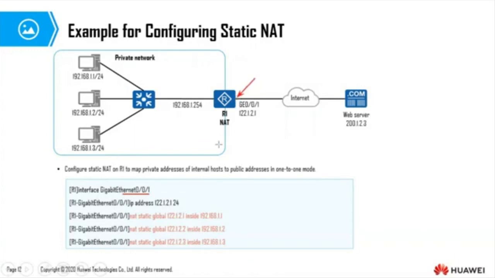We give it a public IP address, and then we configure the specific mappings. On the global, we want that; on the inside, we want that. So for this particular architecture, that's how we configure the one-to-one mapping between public and private IP addresses. So that is what we call static NATing.